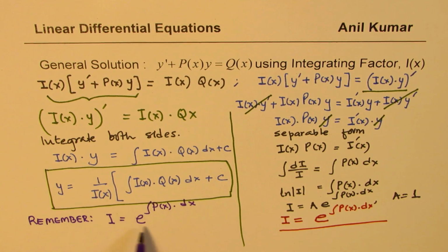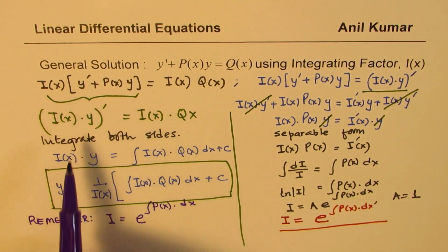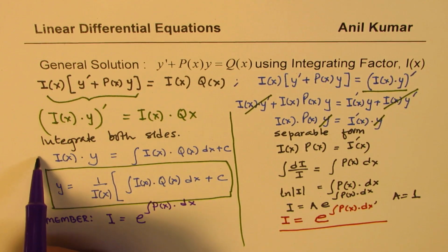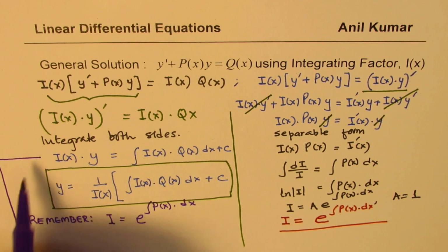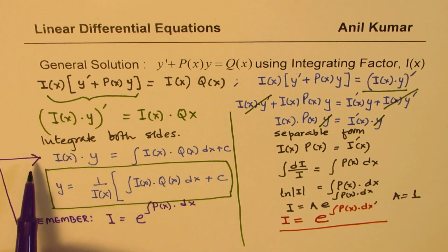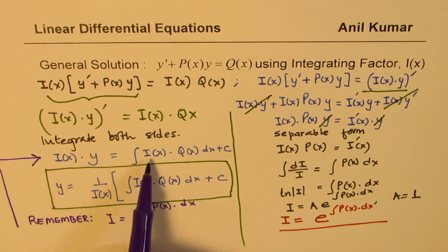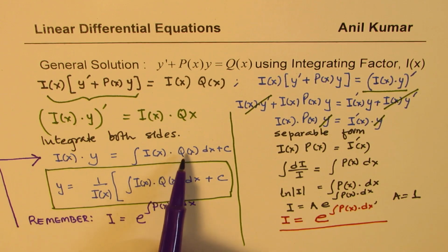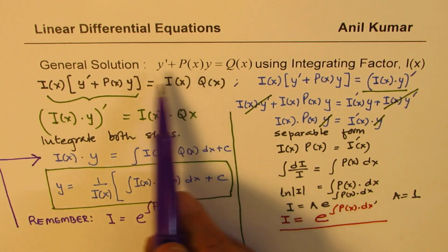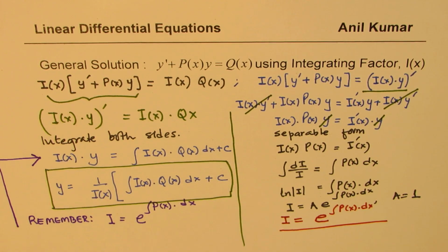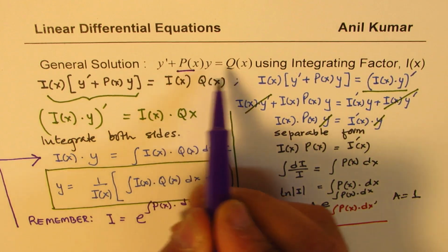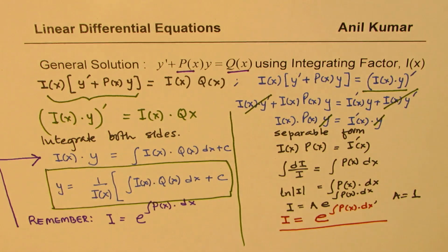And once you find this integration factor, you could multiply your equation and write it in this form: integration factor times y is equal to the integral of integration factor dot q of x, right? So now you understand the importance of finding p of x and q of x to get the solution, right?